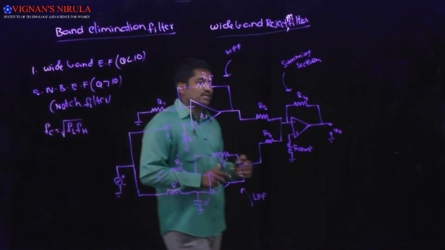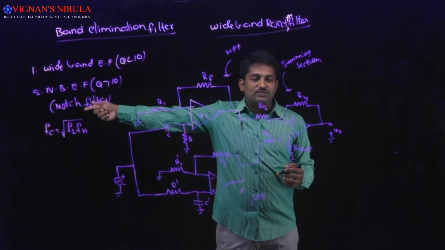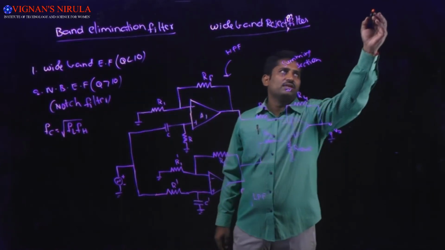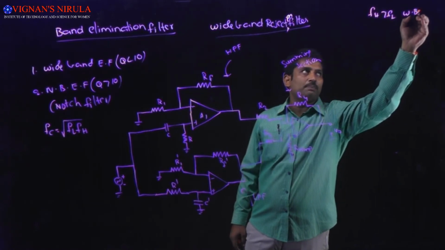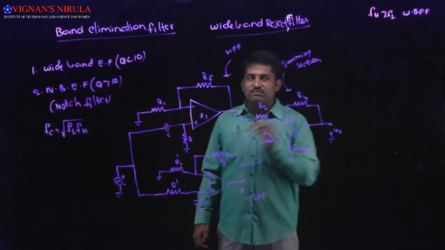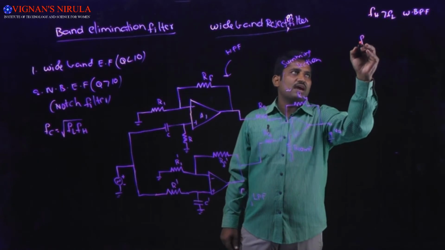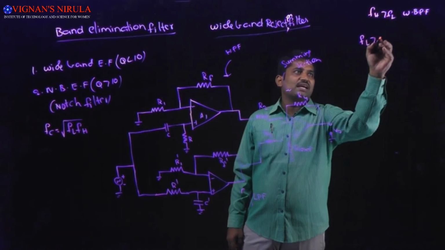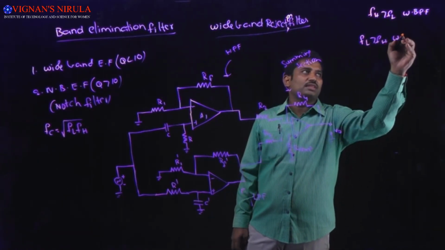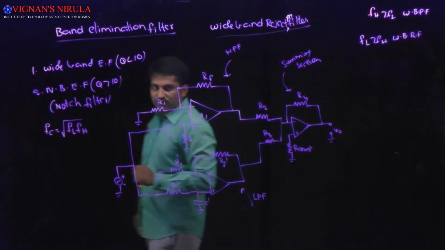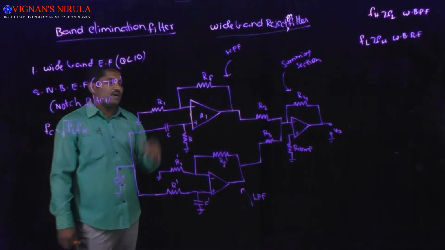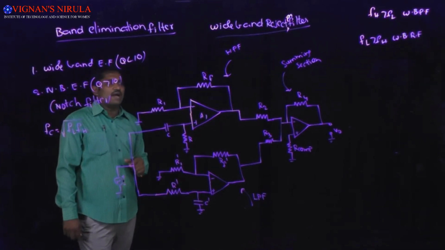What are they? In the wide band pass filter we have seen that FH is greater than FL, whereas in the wide band reject filter FL is greater than FH. That is the main difference between the wide band pass filter and the wide band reject filter.